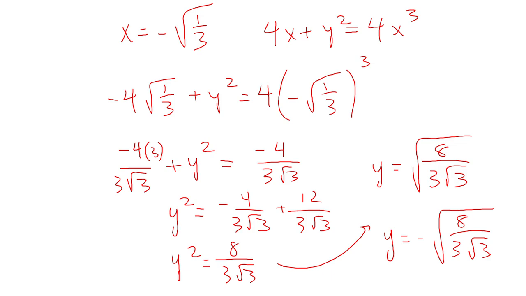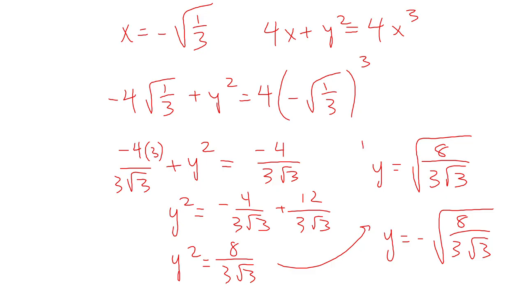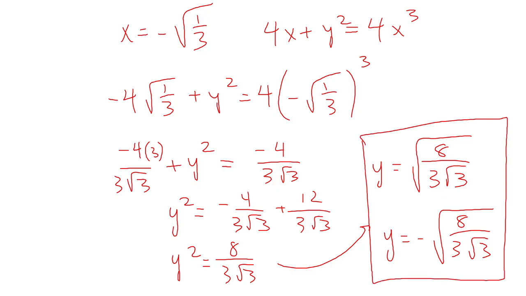And because we knew from our original solving that the only thing that made our denominator equal to 0 was when y was 0, I know that neither of those are going to make the denominator equal to 0, and those are going to be my two horizontal tangent lines.